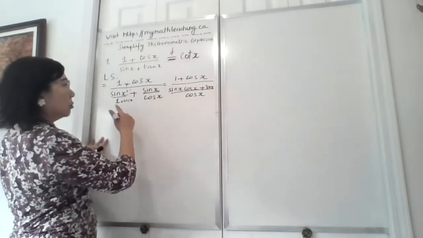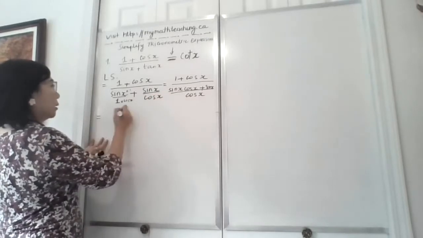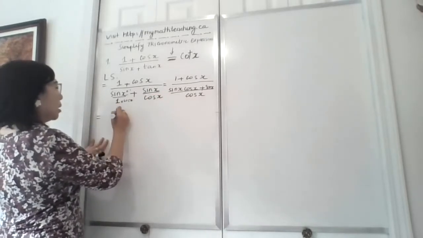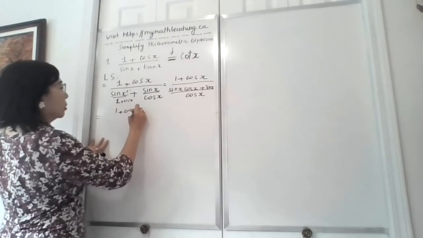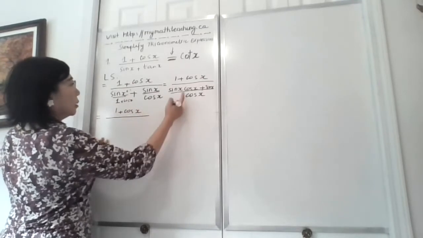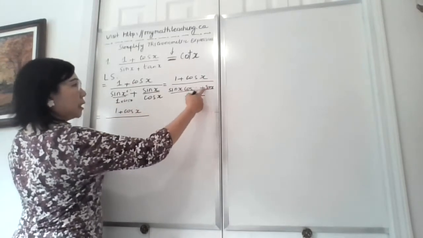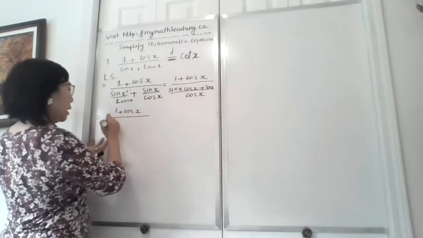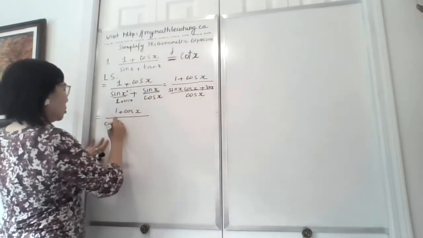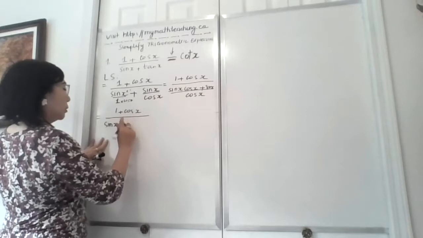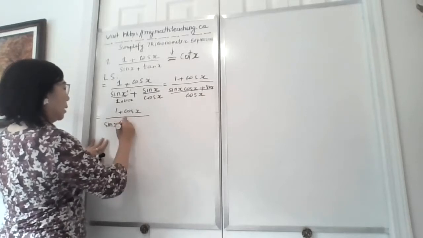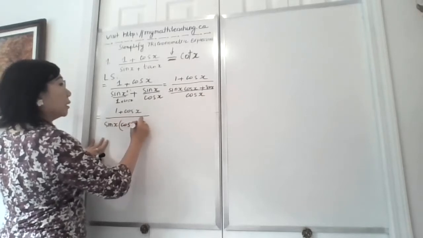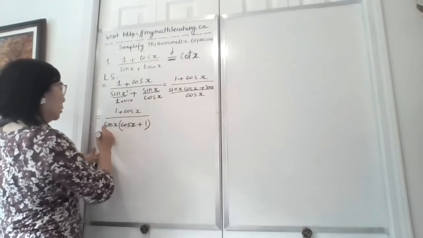So now I can copy the top, nothing changes, still like this. The bottom, I see sine x and sine x here. I can take out the common factor. So I just change it like that. And inside will be cos x plus 1.